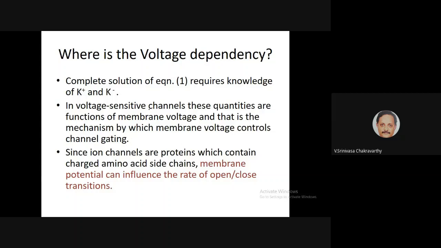So we have this equation: tau times x dot is equal to minus x plus x infinity. Now our original question was that voltage controls GNA and GK. So now we are talking about channel closure and opening.